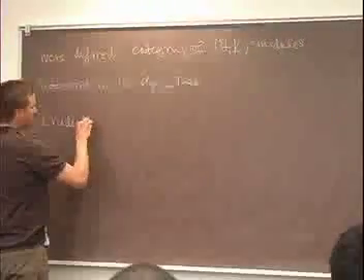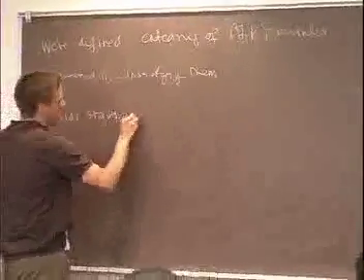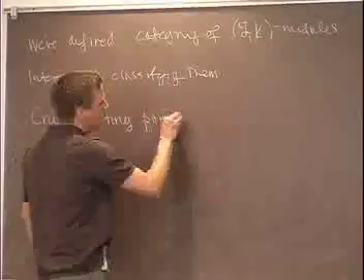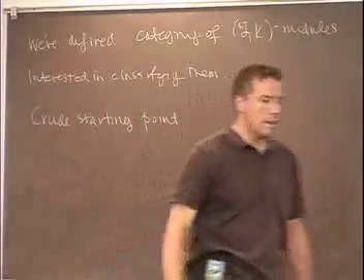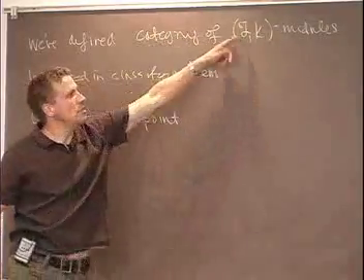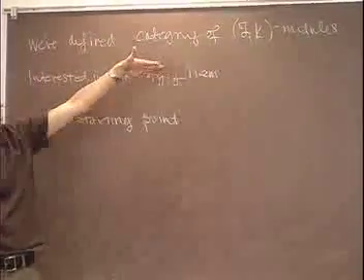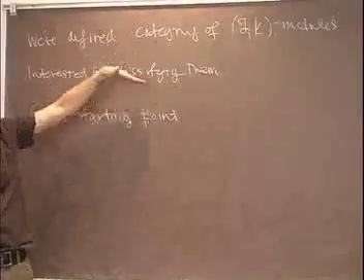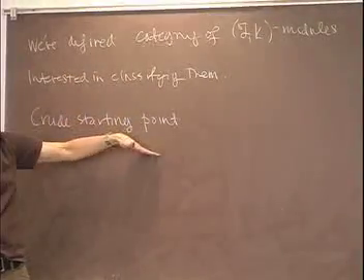So the crude starting point in the classification, as I said when I talked two days ago: these are representations of G, and those are modules for the universal enveloping algebra. So a crude starting point is to restrict those modules to the center of the enveloping algebra.